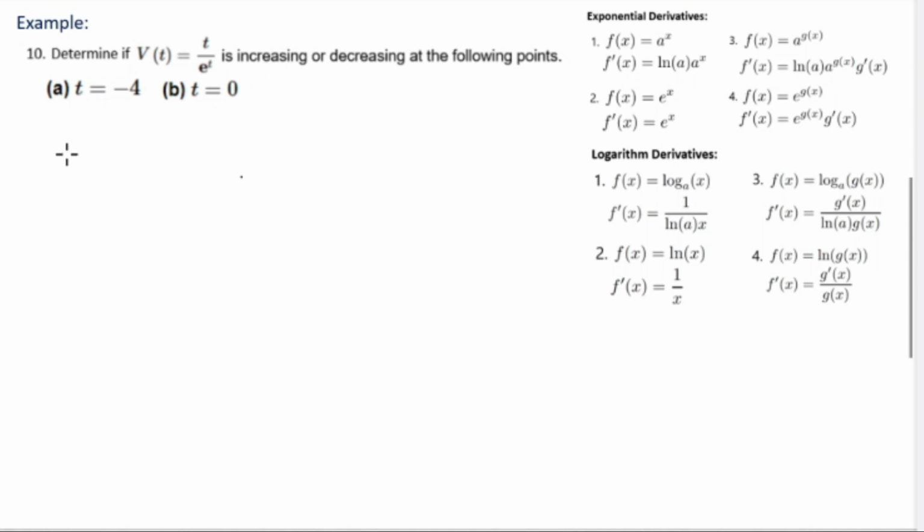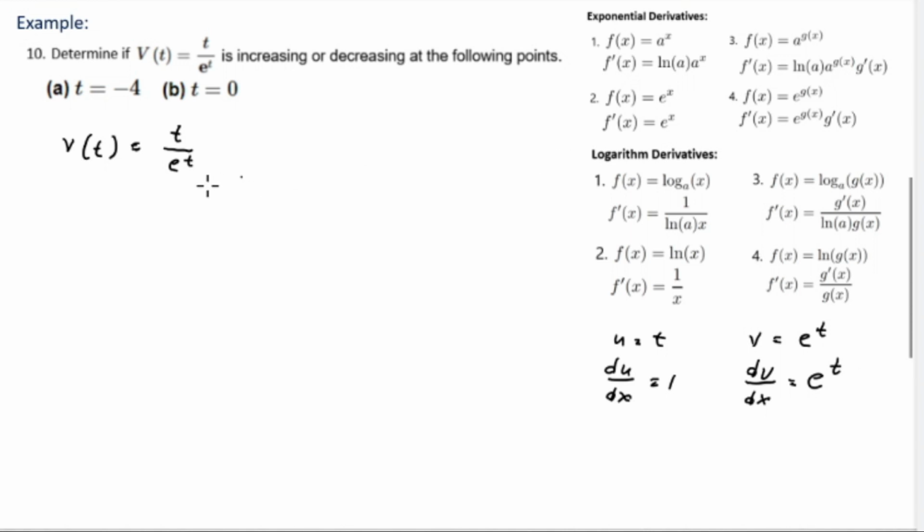First, we copy v of t is equal to t over e to the t, and use the quotient rule. u is equal to t, and du over dx is equivalent to 1. And v, the denominator, is e to the t, and the derivative dv over dx is also e to the t.